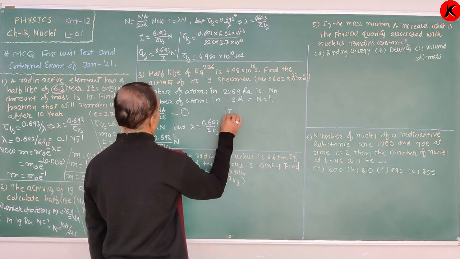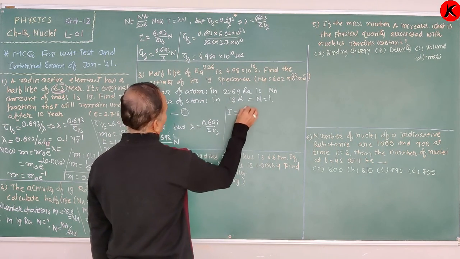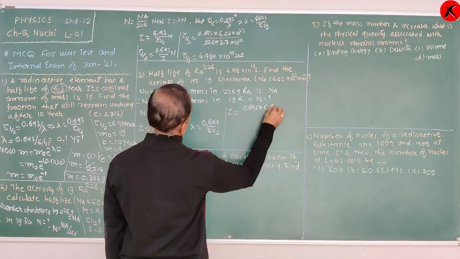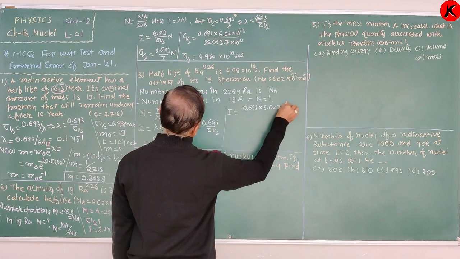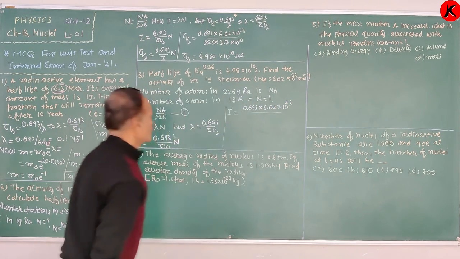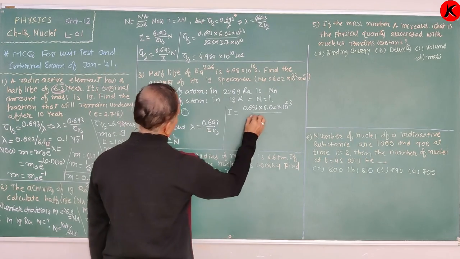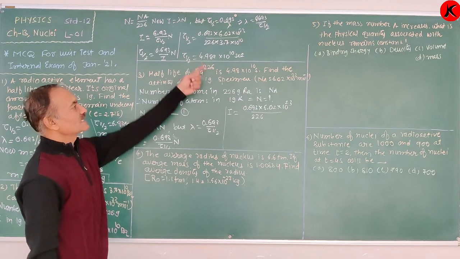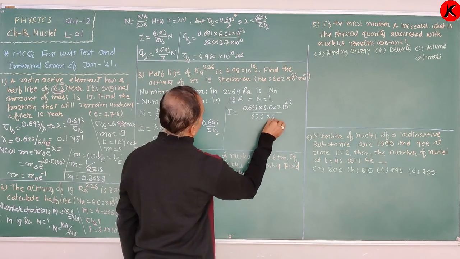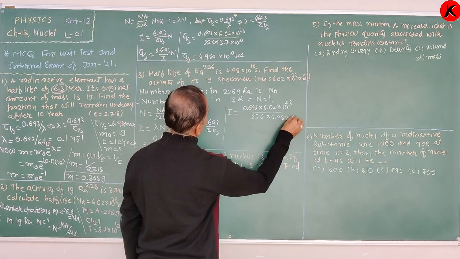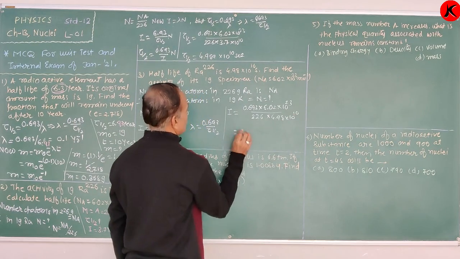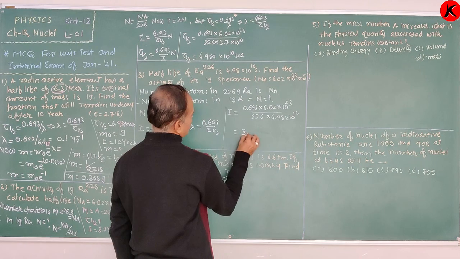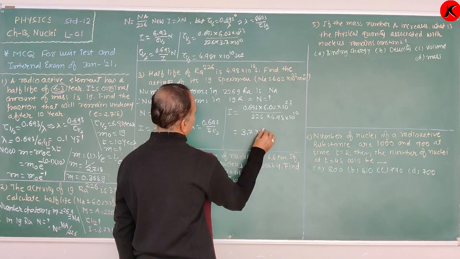Therefore, activity I is equal to 0.693 into 6.02 into 10 to the 23 upon 226. Now tau half is given as 4.98 into 10 to the 10 second. As we simplify, we obtain the activity as 3.7 into 10 to the 10.